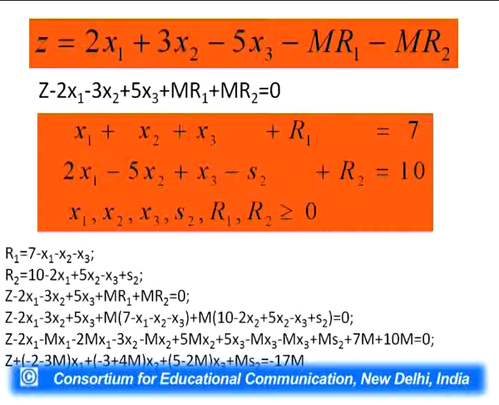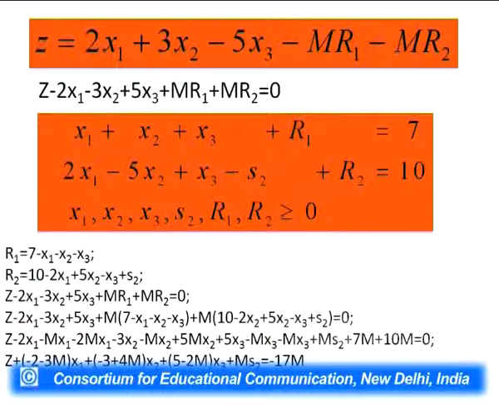From the equations which give us the values of R1 and R2, we will put them in this particular equation, and we get z minus 2x1 minus 3x2 plus 5x3 plus M within brackets, which is the value of R1, 7 minus x1 minus x2 minus x3, bracket close, plus M into within brackets, which is the value for R2, 10 minus 2x1 plus 5x2 minus x3 plus s2, bracket closed, equal to 0.